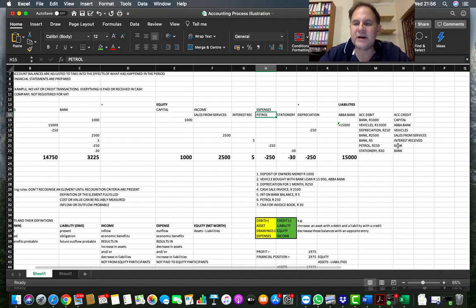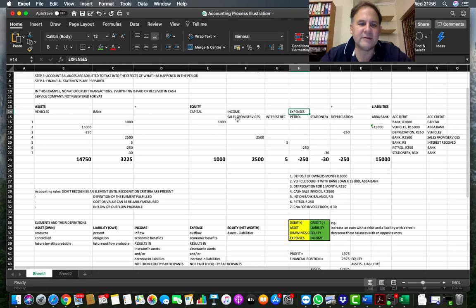Now, the other side of this entry is they paid cash, 250 Rand. So the elements that are involved here are in fact expenses and assets. And when I subcategorize it, I take it down to the asset being bank and the expense is petrol.